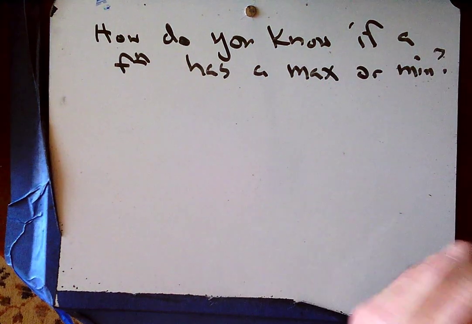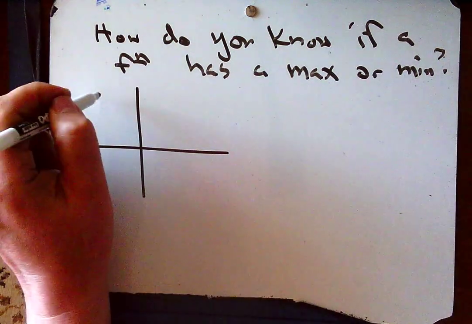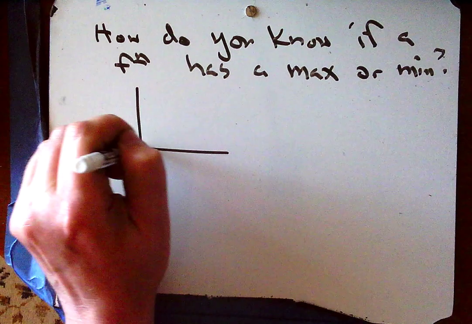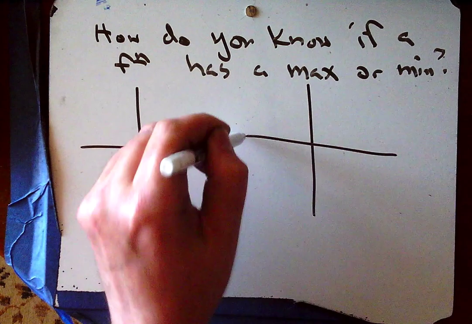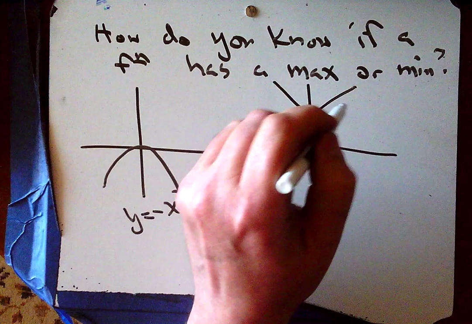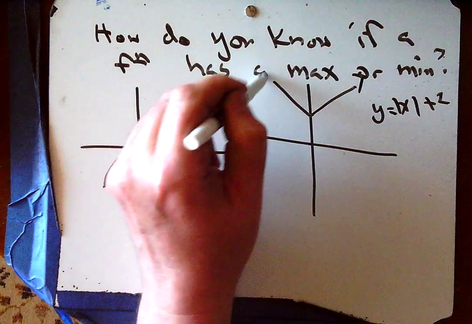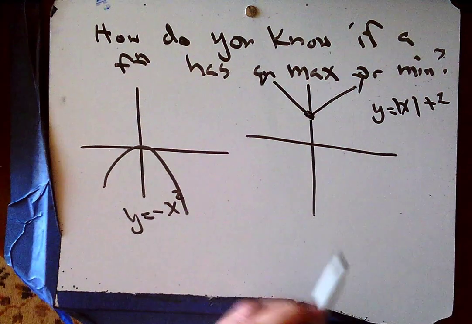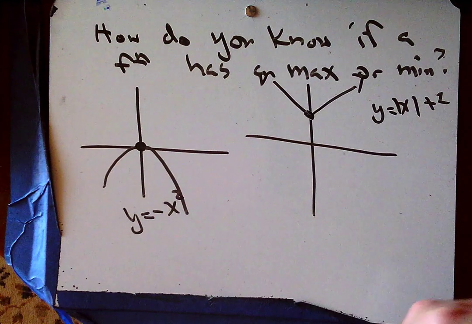I know when I look at a graph, be it a friendly graph like y equals negative x squared or y equals absolute value of x plus 2, I can see a minimum on the graph. I can see a maximum on the graph. But how can I justify that using my math language?